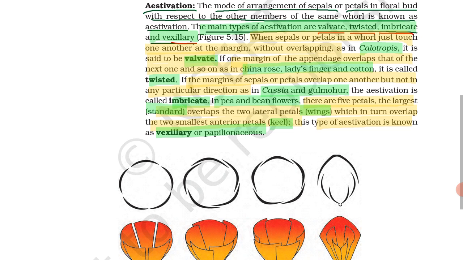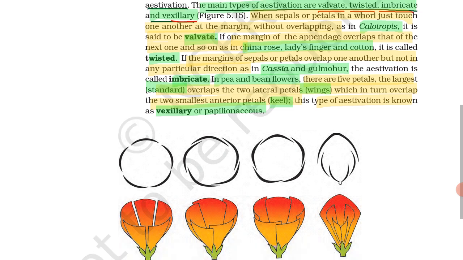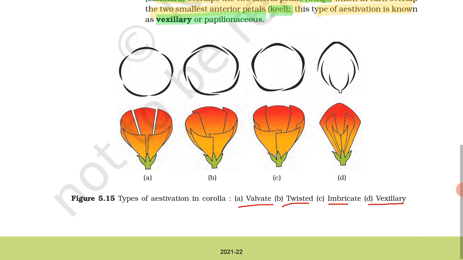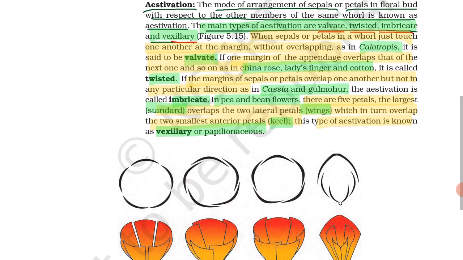Next is when the margins of sepals or petals overlap one another but not in any particular direction. See figure 5.15c, imbricate. In that, the petals or sepals overlap one another but not in a particular direction, means one inside, one outside, and they are arranged in different manner.